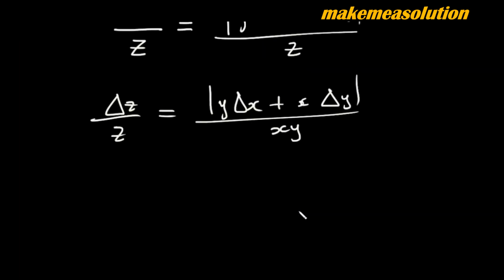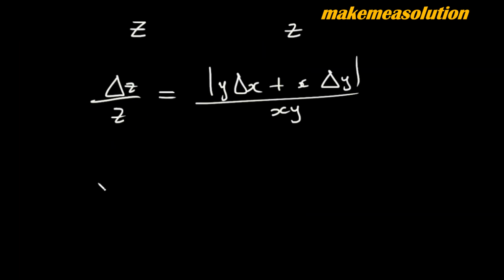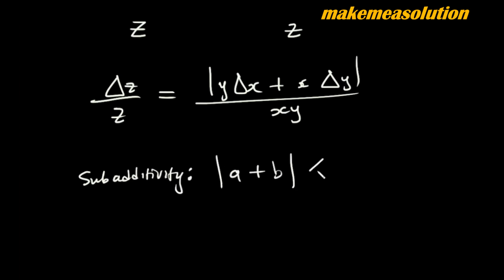Now check this out. There is a property of absolute values called subadditivity. The subadditivity property of absolute values is that the absolute value of a plus b is less than or equal to the absolute value of a plus the absolute value of b.